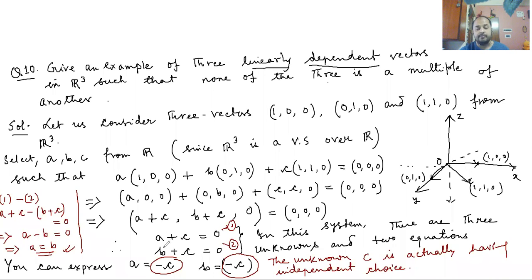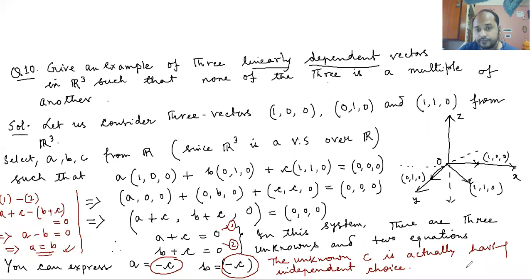A and B are the same, and A and B depend upon the choice of C. Now if the choice of C is 0, then all the scalars are 0. If the choice of C is non-zero, all scalars are non-zero, but their linear combination is 0.